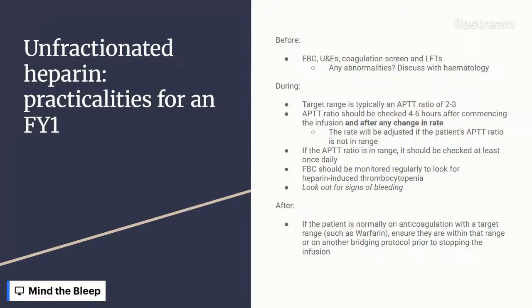If the APTT ratio is in range, it should be checked at least once daily. You should also do a full blood count once daily to look for heparin-induced thrombocytopenia. And obviously, if you notice their Hb is dropping, consider that they might be bleeding, do a clinical review, and think about all of these things.